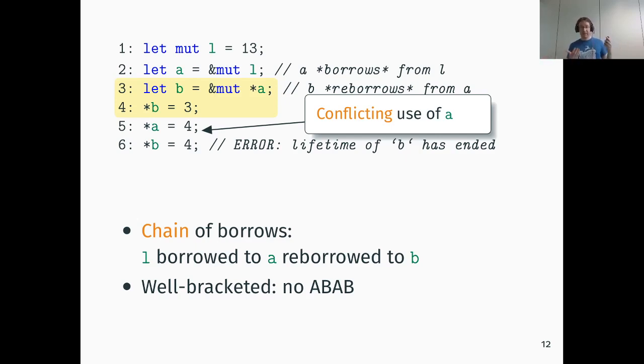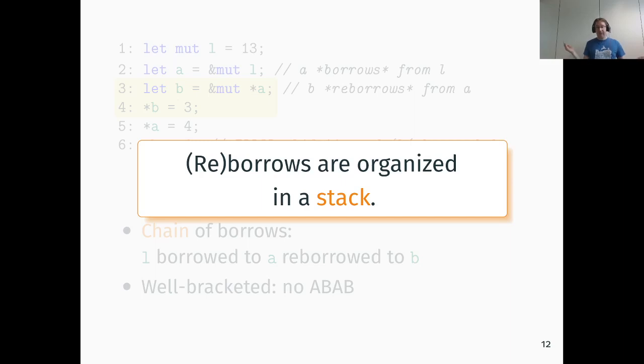The pattern that got rejected here is an ABAB pattern, where the second B wasn't allowed. And so basically, the goal of stack borrows is to dynamically check that you're indeed using the elements of this chain in a well-bracketed way. And it's hopefully not too surprising that to check that something is well bracketed, we use a stack. So that's why it's called stacked borrows.